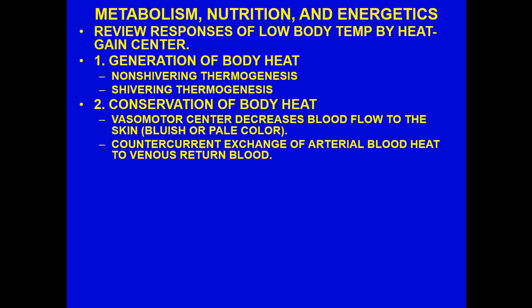Now, the interesting thing about this is it comes into the matter of our countercurrent exchange system. Basically, as the arterial blood flows against these deep veins, the deep veins will take up the heat from the arterial blood flow going out to the limbs. And we tend to conserve our loss of body heat.